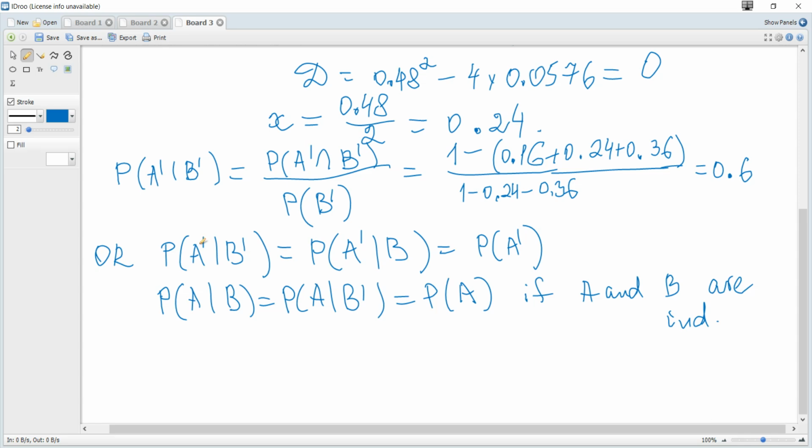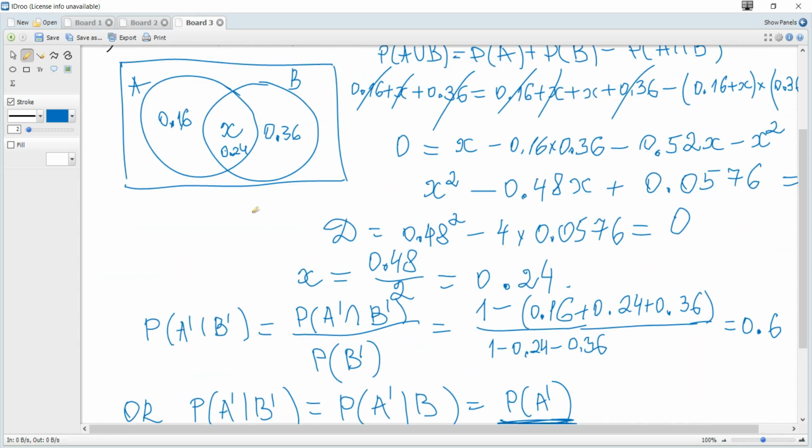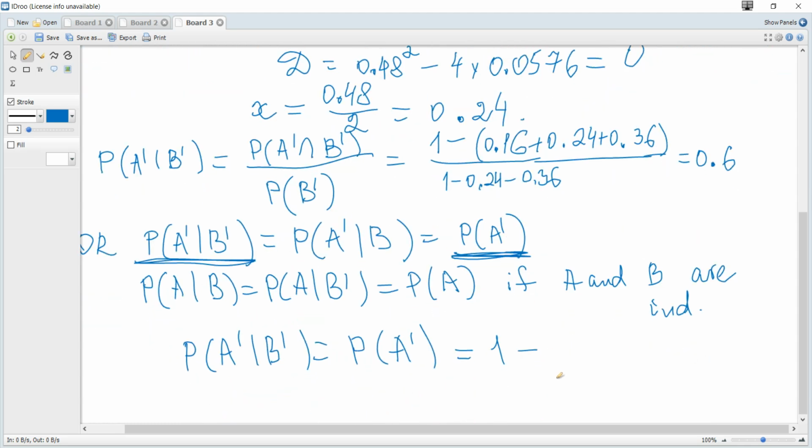Hence, since the two events are independent, the probability of not A given not B is just the probability of not A, which is equal to 1 minus the probability of A, and we can see that the probability of A is 0.16 plus 0.24, which is 0.4, and hence it's 0.6.